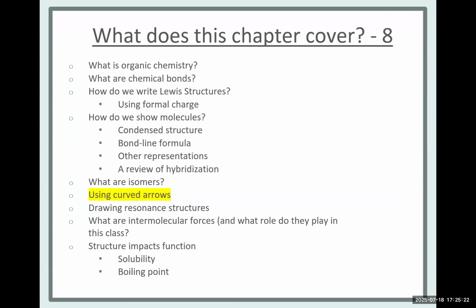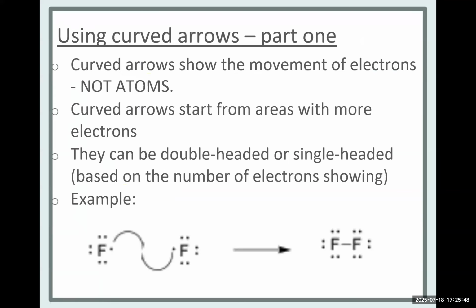So the idea of electrons being shared or not shared is something that's coming back up, and that's why we had to start with talking about chemical bonds. We use curved arrows to show how electrons are moving so that we know if bonds are being formed or broken or moved around in some way. Curved arrows are not going to go away. You're going to see them every chapter, probably for the rest of organic chemistry.